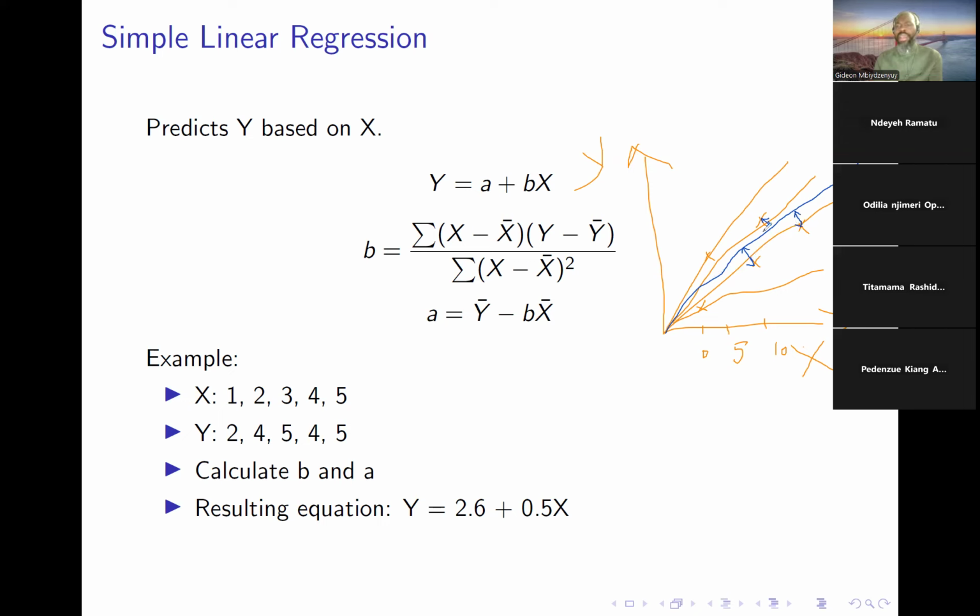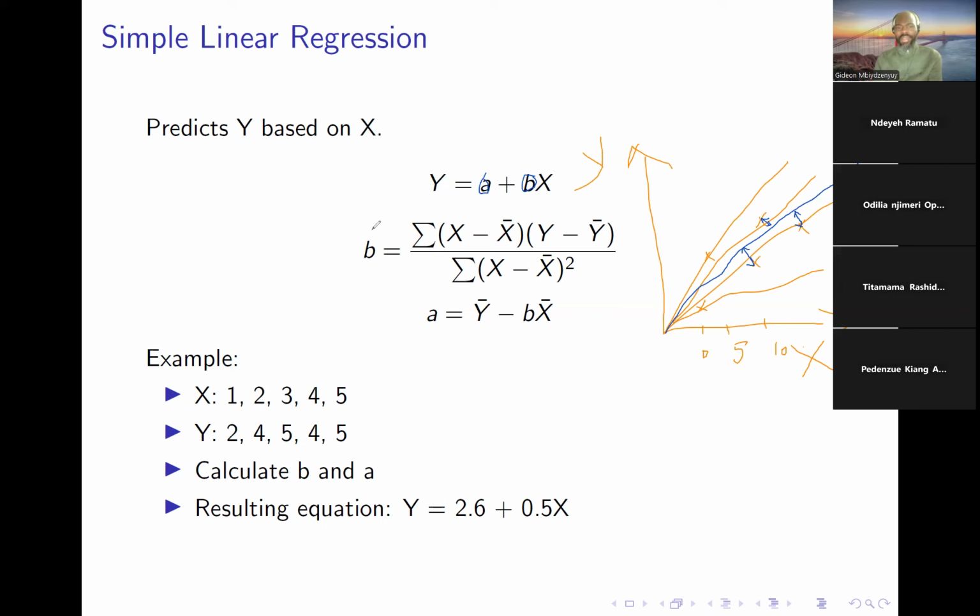The smaller the error is, the better is the linear relationship, or the better is the linear model. The coefficients here, A and B, are determined by how close this line lies here. So the model basically looks for the best coefficients such that the line is as close to these points as possible. So you get a simple linear regression model.